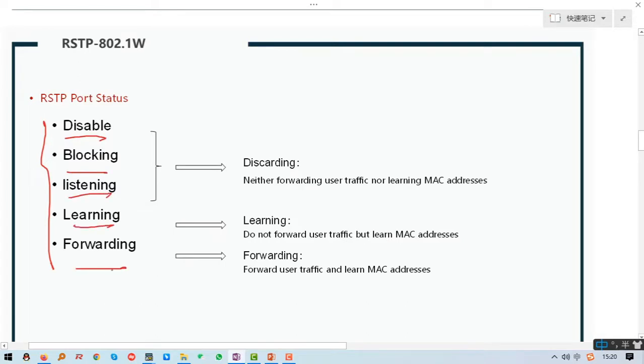The state specification of RSTP is reduced to 3 types, which are divided according to whether the port forwards user traffic and learns MAC addresses. So it includes discarding, learning, and forwarding.